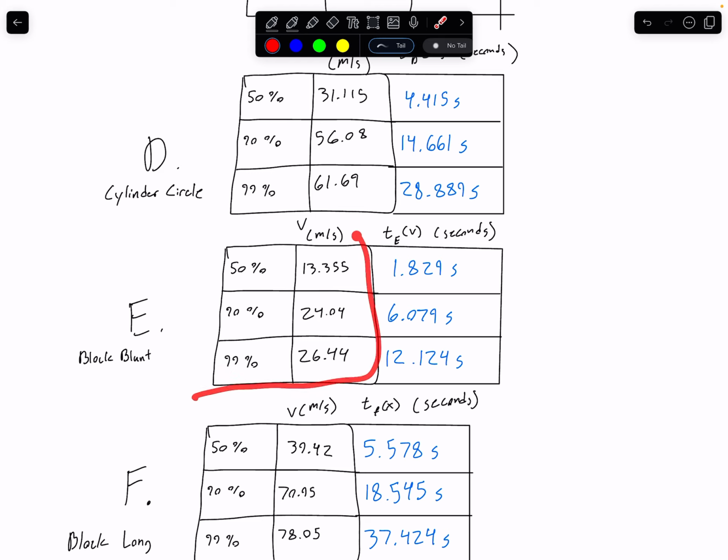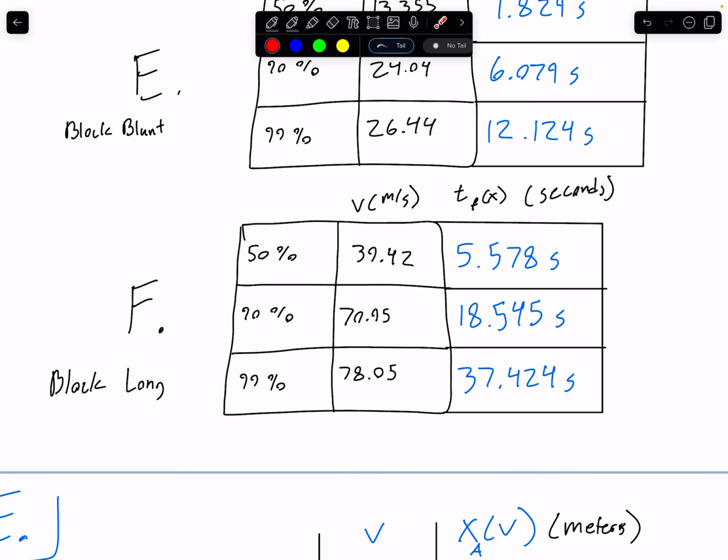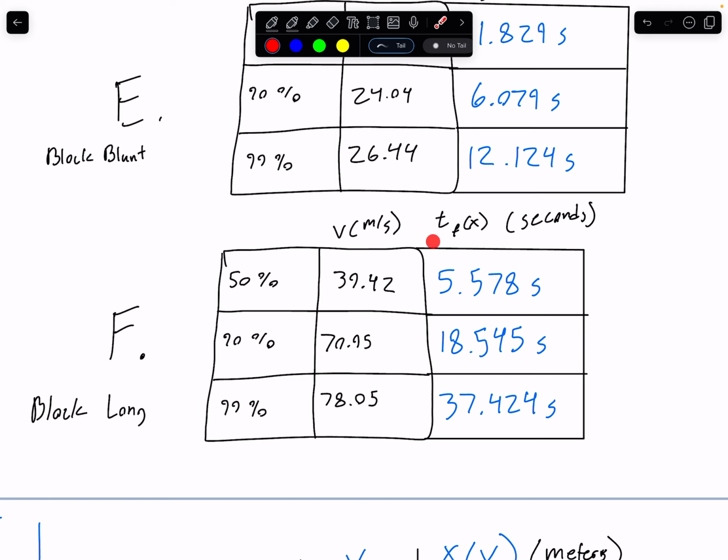Again, this whole left side is from above that I showed, and then it's just what this output on the right is. Then for object F, the block long way, half of terminal velocity will take 5.578 seconds.